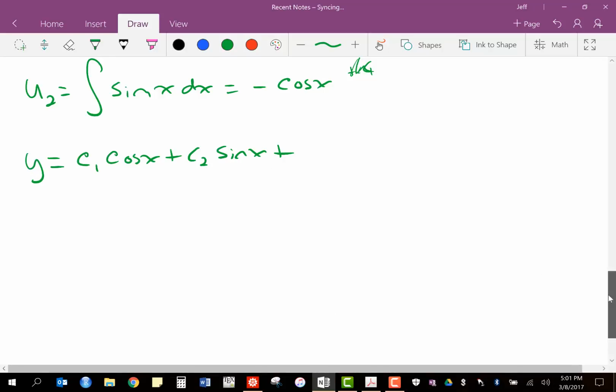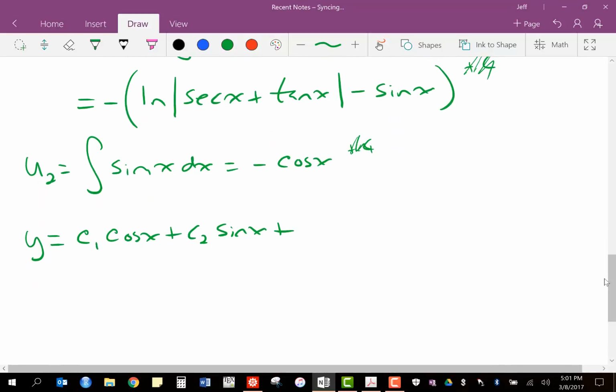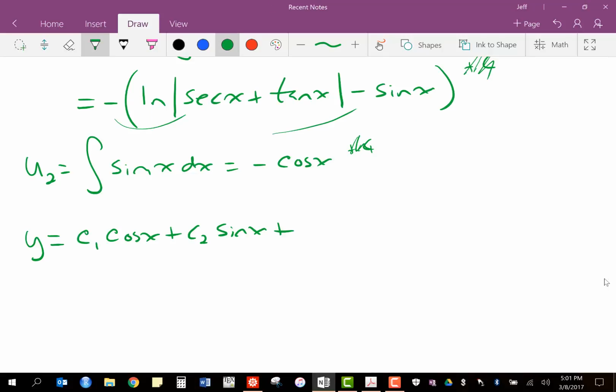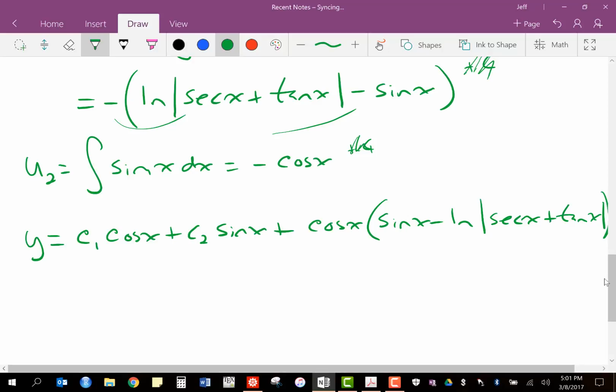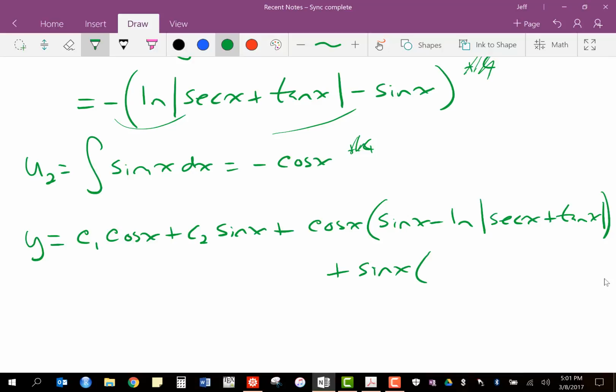The particular solution is u1, which is this right here. I will put this negative in and I'll rearrange the side there. So it's the cosine of x times u1, which is the sine of x minus the natural log of the absolute value of the secant of x plus the tangent of x, plus the sine of x times, this is y2 times u2, which is minus cosine of x.